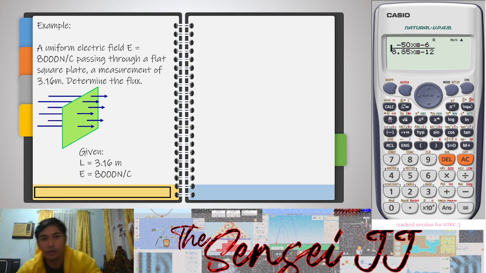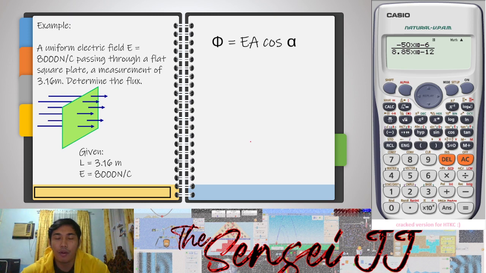Okay, so we have finished our timer and now we will be discussing the answer for this example. So we have here a uniform electric field of 8,000 Newton per coulomb passing through a flat square plate, a measurement of 3.6 meter. So determine the flux. Okay, so we have here our formula of phi E is equals to EA cosine alpha.